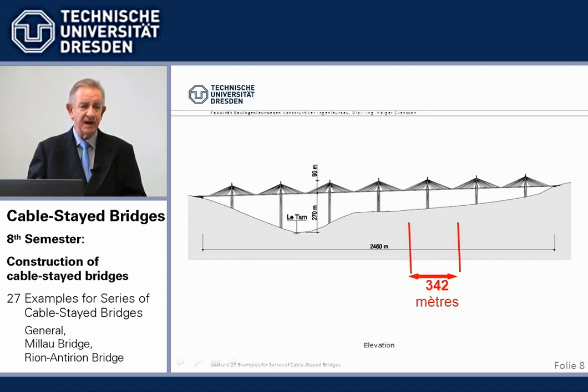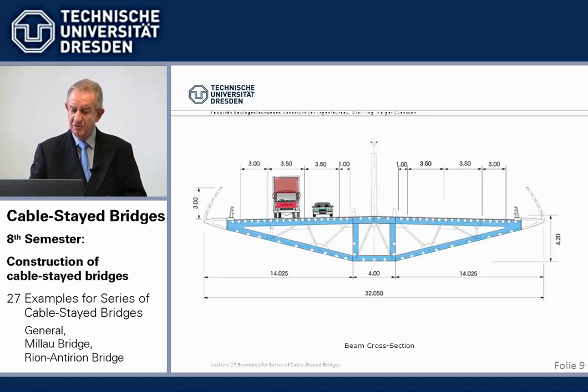And I've noted there, this was the concrete design for this bridge. However, the contractor came up with an alternate, which was Eiffage, the company founded by Eiffel, major French steel contractor, and it was more economic, so the steel alternate was built.